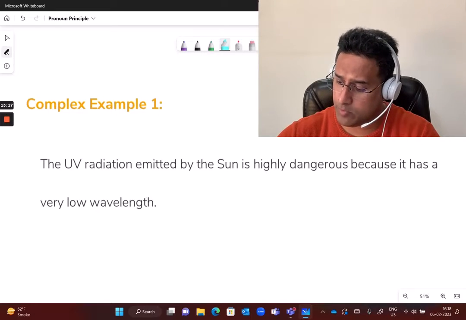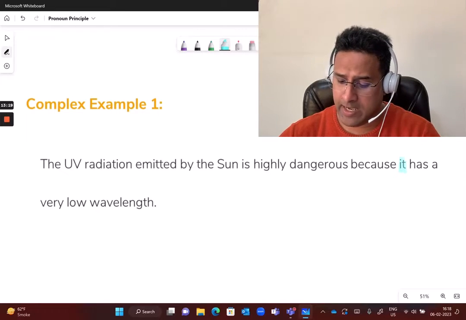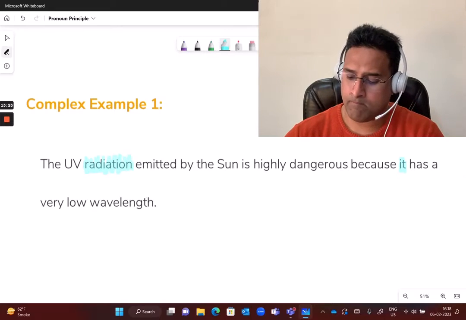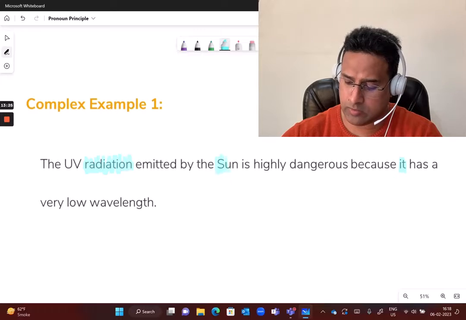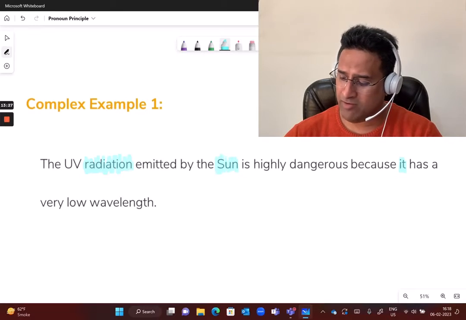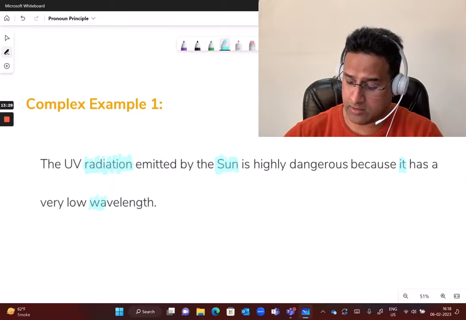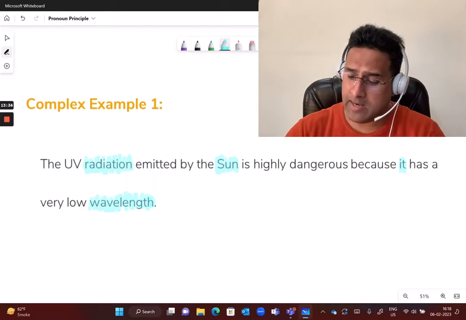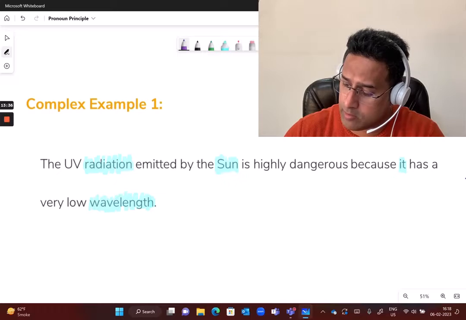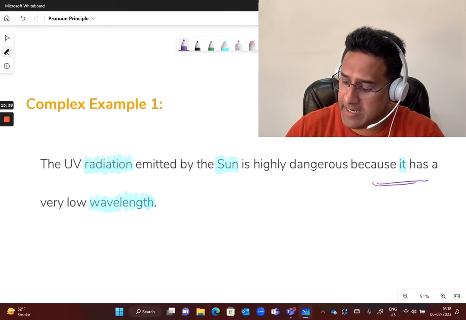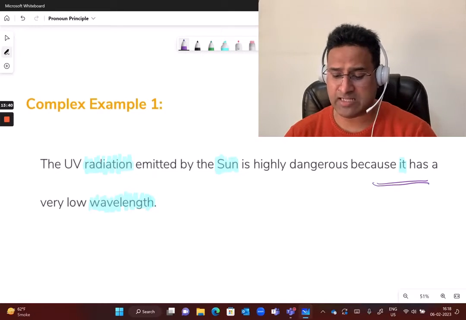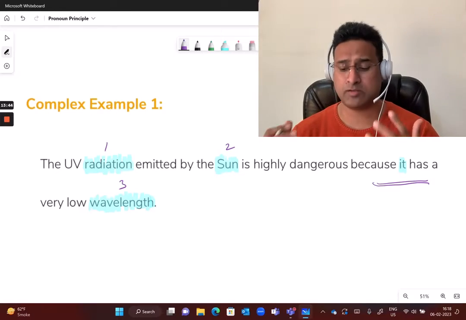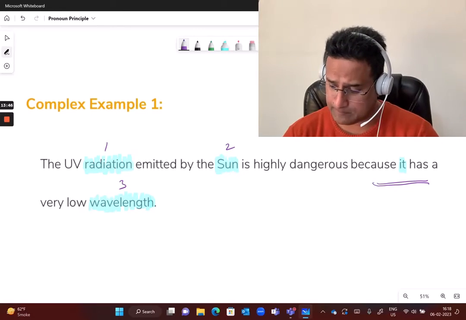Okay, I've spotted the pronoun, it's it, and I see that the potential antecedents are radiation and sun, two singular nouns, and we also have wavelength at the end, so let's also consider this third word. Now we're going to apply the framework, so we're going to substitute the word it with each of these nouns 1, 2 and 3 one by one to see how many possible logical ideas exist.